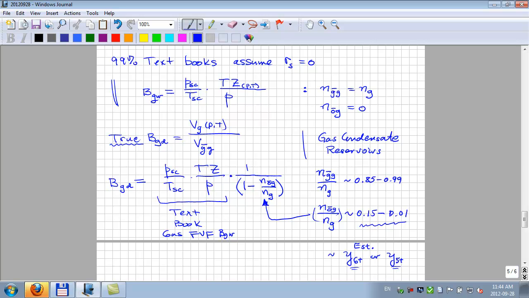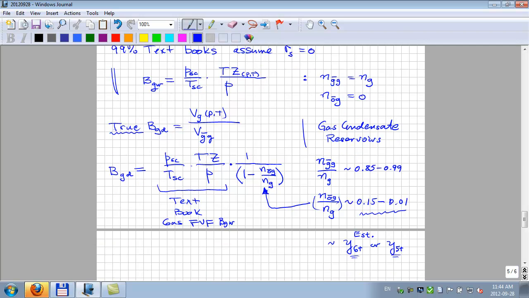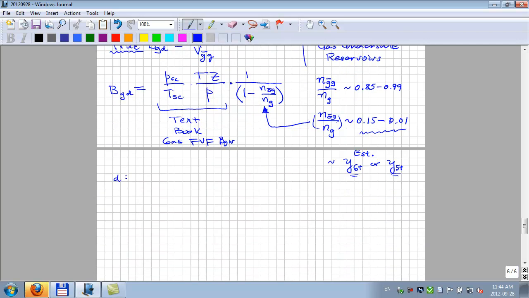What does it mean by dry and wet? The D, for dry, means that the surface gas is dried by removing the surface oil.